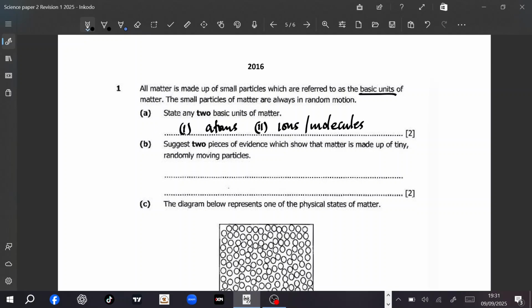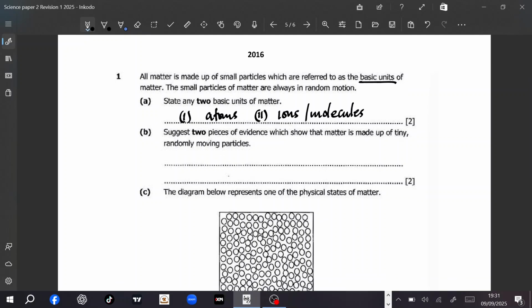Then B, suggest two pieces of evidence which show that matter is made up of tiny, randomly moving particles. Like they're saying, this suggestion of matter here, which we have read, that all matter is made up of small particles which are referred to as the basic units of matter, that the small particles of matter are always in random motion.